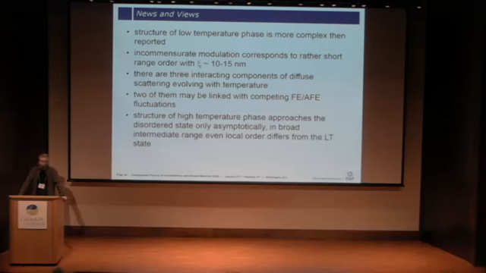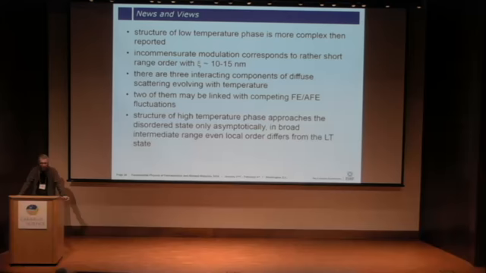Well, funny enough, I could not find any clear statement about what ion is mainly responsible for ferroelectricity in SBN. That raises some questions, and probably I could not find the reply just because the structure of the low temperature phase is more complex than reported, and the structure of the high temperature phase is just unknown.